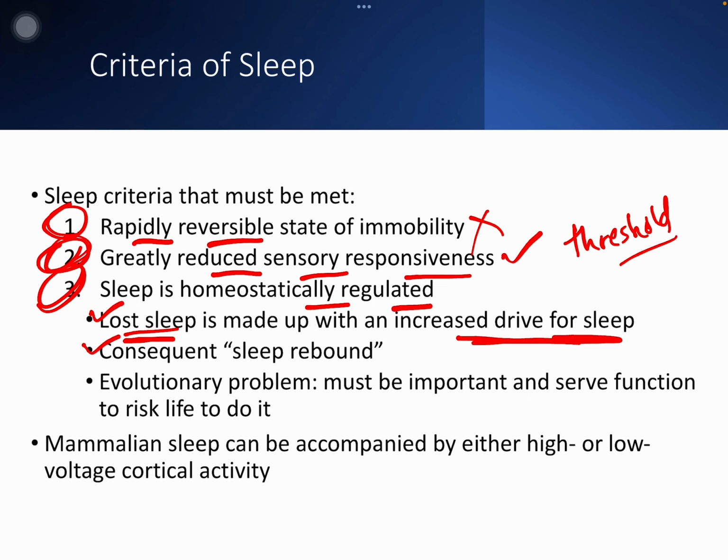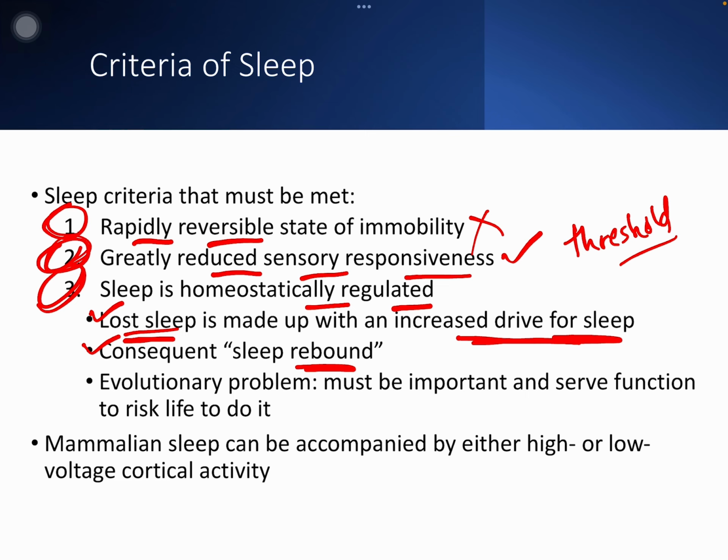So the second one is we need to see some kind of consequent sleep rebound, as in if an organism sleeps, let's say 8 hours per night, okay, and you deprive them of sleep for one night, their sleep rebound would mean that they would get more than their typical hours the subsequent night they're allowed to make that sleep up.